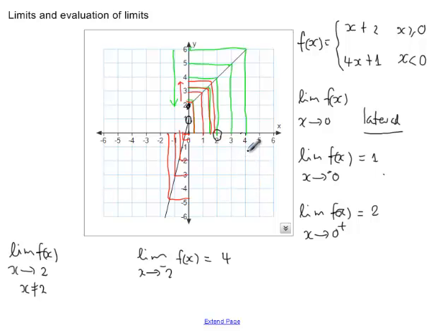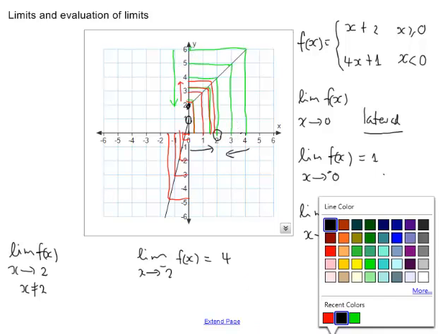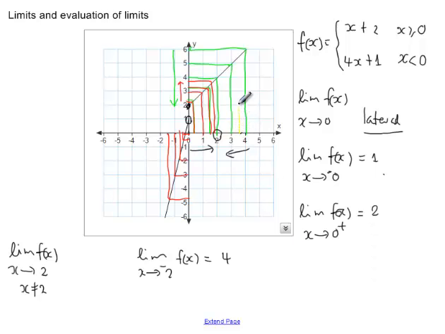Now let's come from the right-hand side. We're coming in this direction towards 2. We can start as far as 4. We go there, then 3, there. Let's come here. Can you see that yellow?